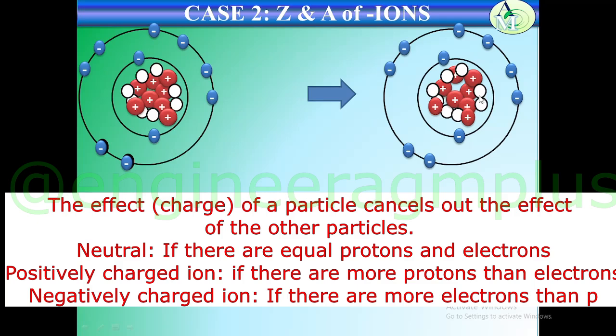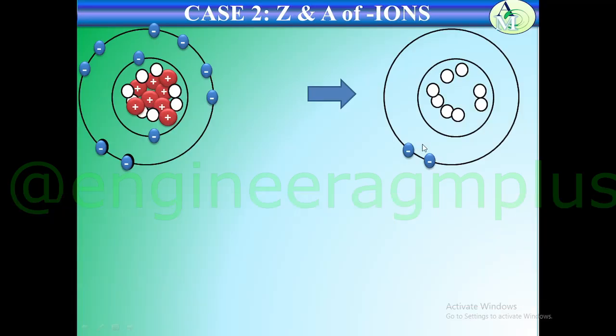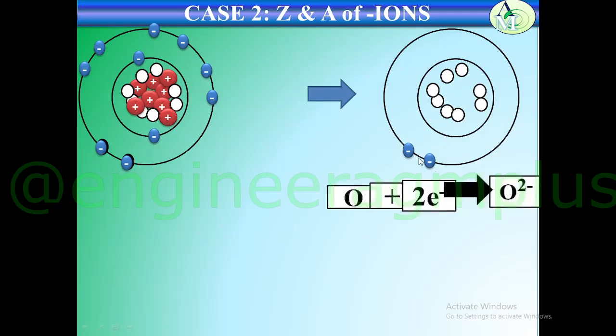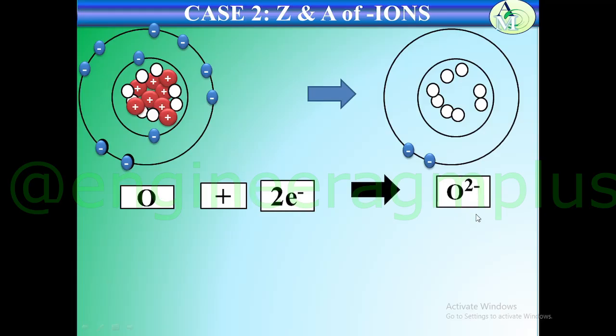So these 8 protons, positively charged, will cancel out 8 of these electrons as well. Then we have 2 electrons left here. This means that this is negatively charged, having 2 extra electrons, and this is why we write it like this.